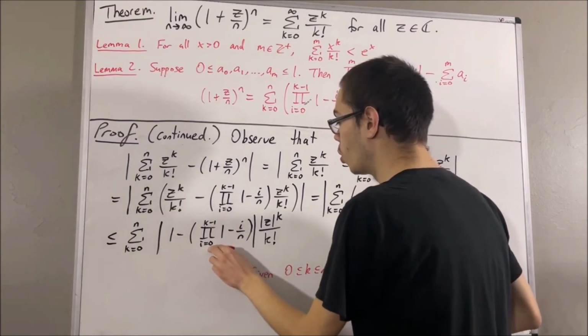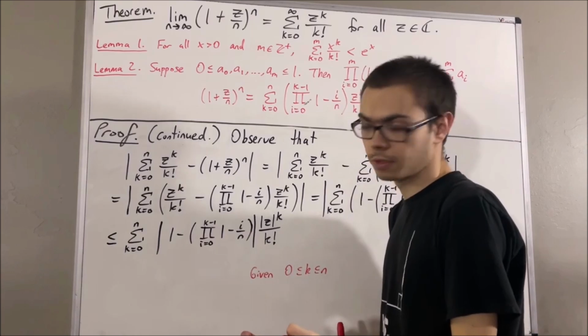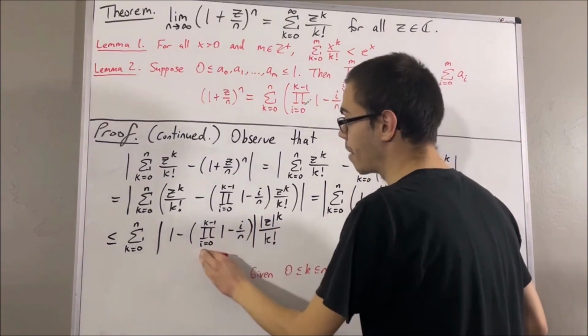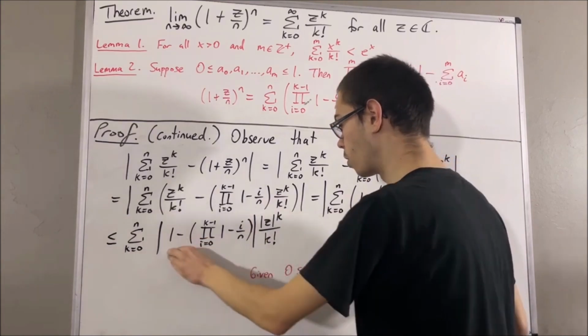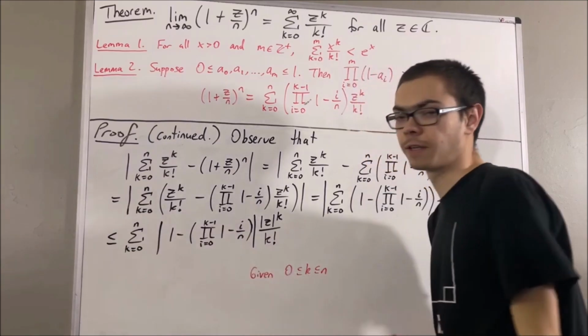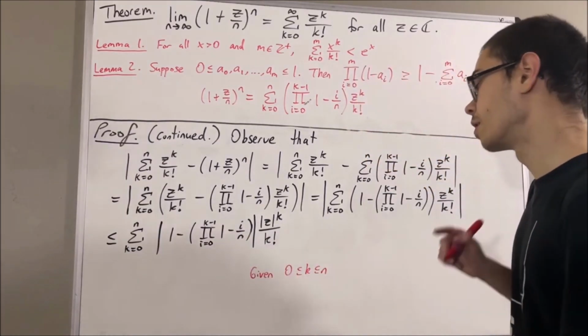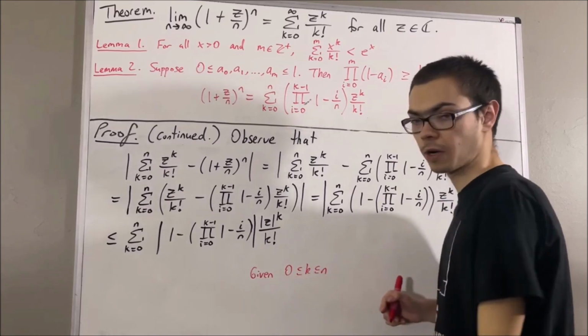Since the lower number is bigger than the upper number, this is just an empty product. And we know by definition, an empty product is equal to 1. So we have 1 minus 1, which is 0, and so we can get rid of the absolute values. That covers the case k is equal to 0.